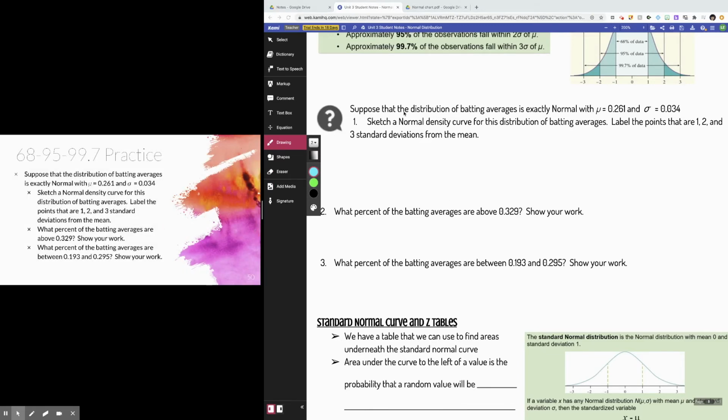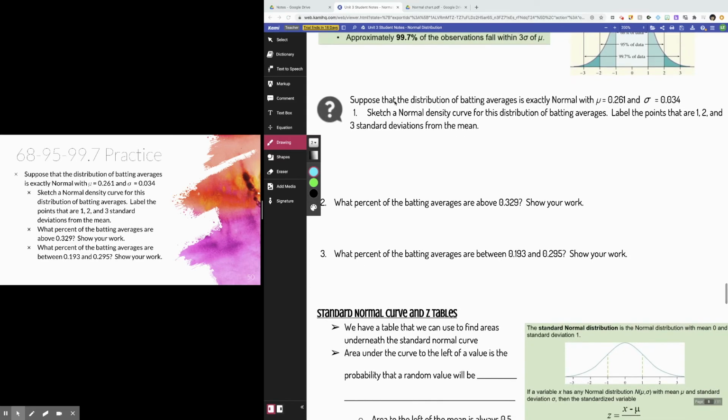We are dealing with a distribution of batting averages that is normal with a mean of 0.261 and a standard deviation of 0.034. The first question says, sketch a normal density curve with the batting averages and then label the points that are 1, 2, and 3 standard deviations away from the mean.